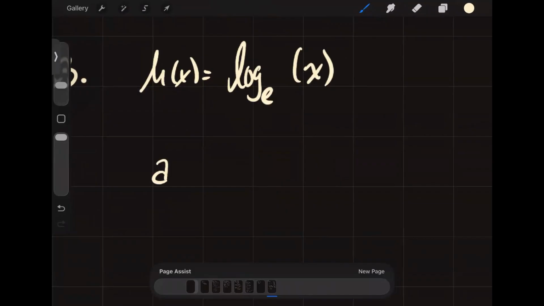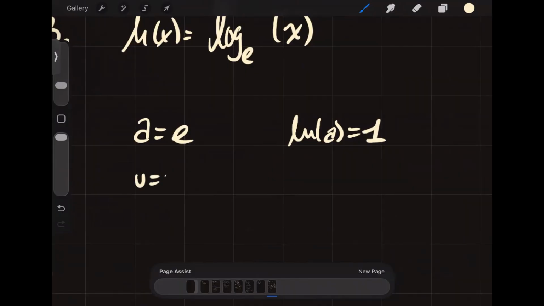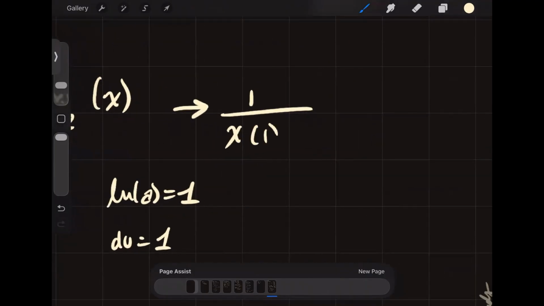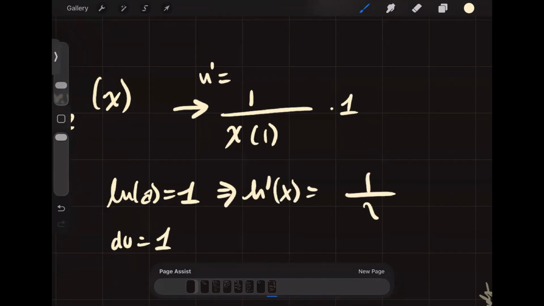Then again, a is equal to e, ln a is 1, u is x, du is 1, and that gives you 1 over u ln a, which is 1, times du, which is 1, which gives h prime of x is equal to 1 over x.